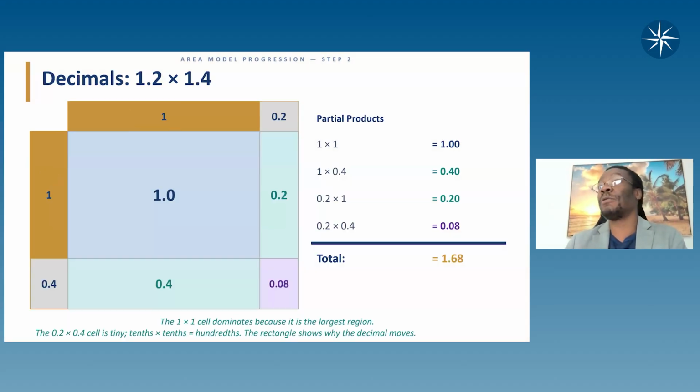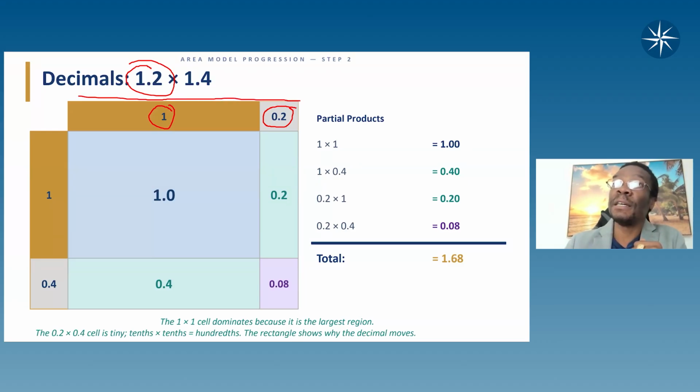So let's say we are doing decimals now. Same thing. Let's scale this to decimals. We decompose or expand 1.2 into 1 unit and 0.2 here, and we do the same. So this is the length, and here is the width.